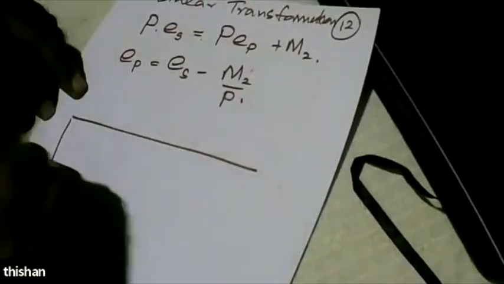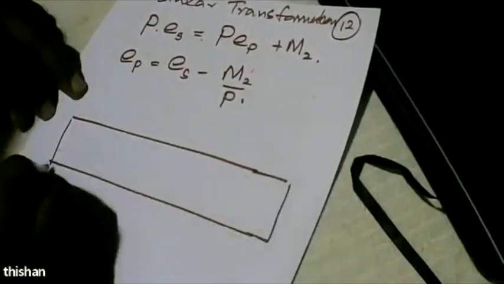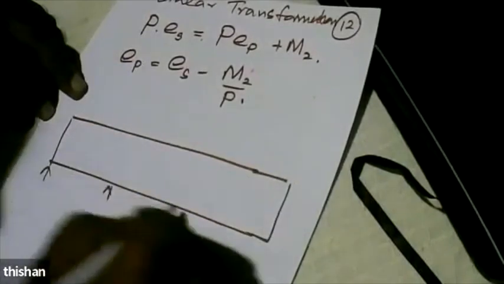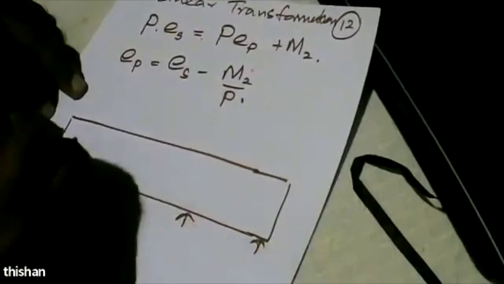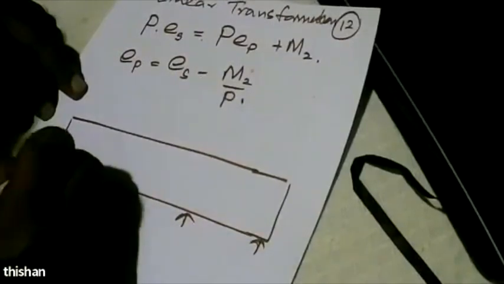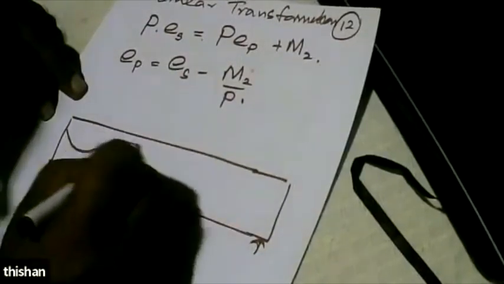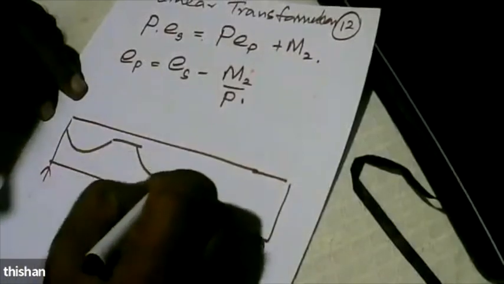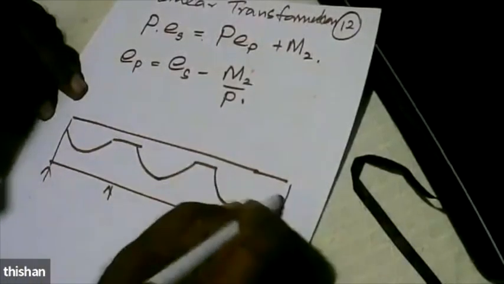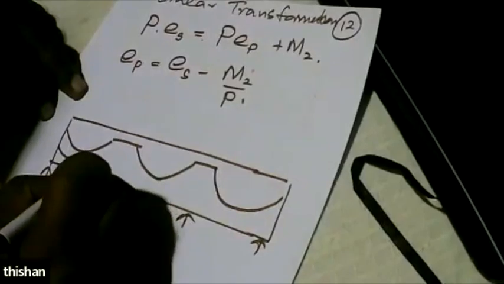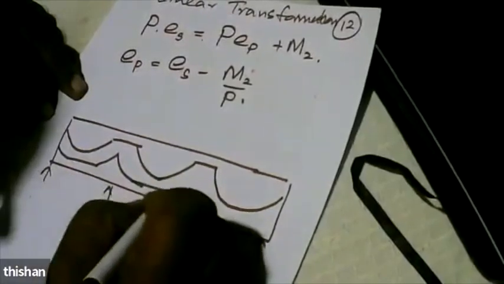So in linear transformation, what we do is, now we have a zone inside the beam, and it will go like this. And you can see this is very similar to what I have drawn.